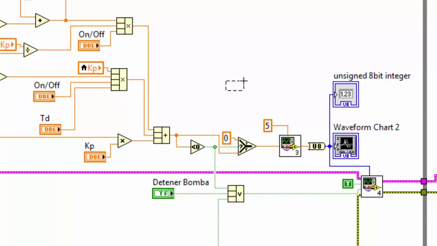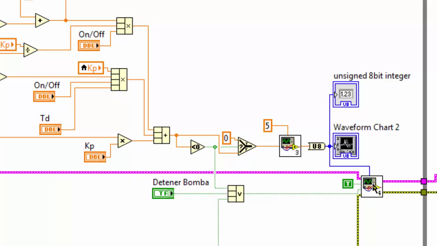When we have an error greater than 0, then this error is rearranged to a range of values from 0 to 255 to send it to the pump.